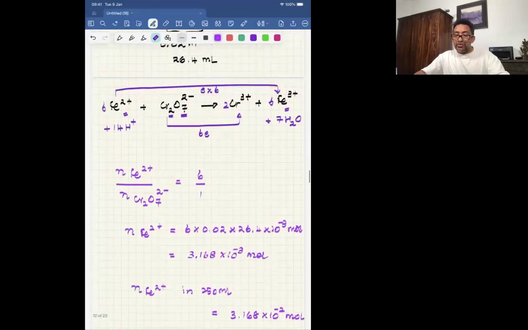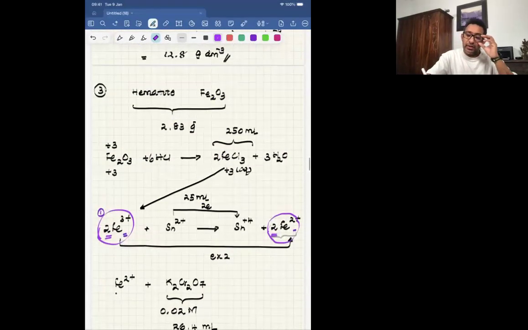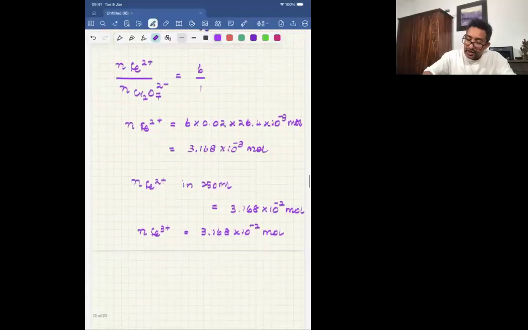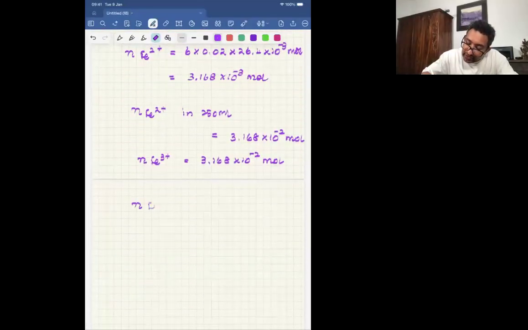Pay attention. Whenever you have 1 mole of Fe2O3, you get 2 moles of Fe plus 3. So the number of moles of Fe2O3 is half the value: 3.168 times 10 to the power minus 2 moles divided by 2. Stoichiometry.